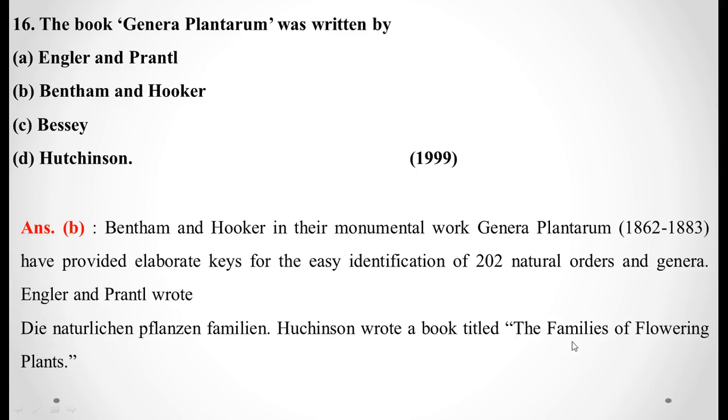The next question is, taxon is the unit of a group of: order, taxonomy, species or genus. The taxon is the unit of group of taxonomy. Option B is the right answer.